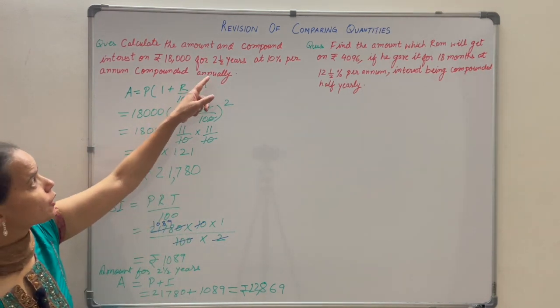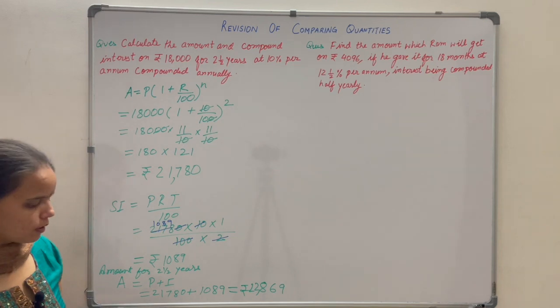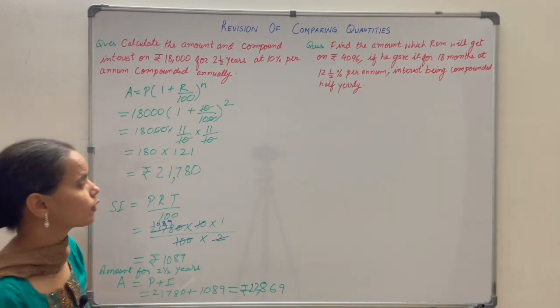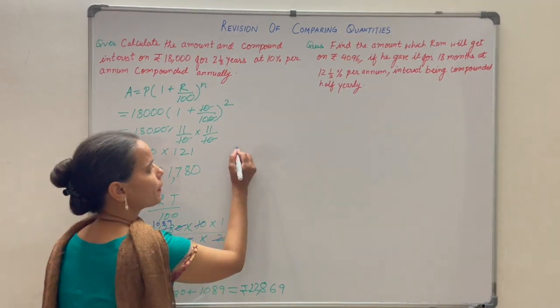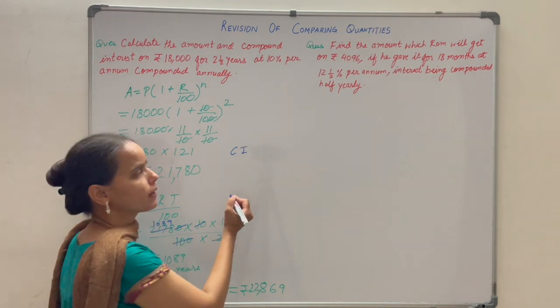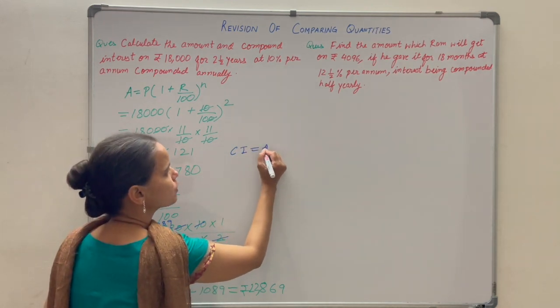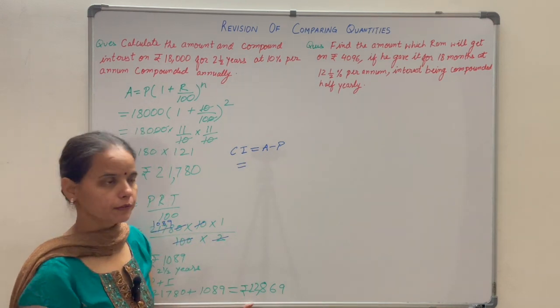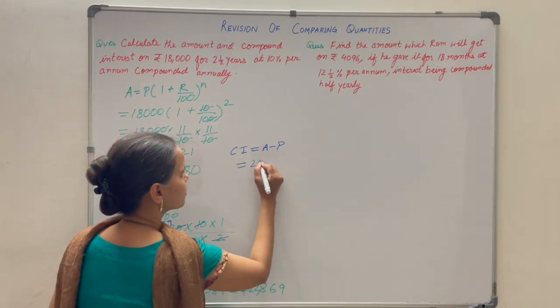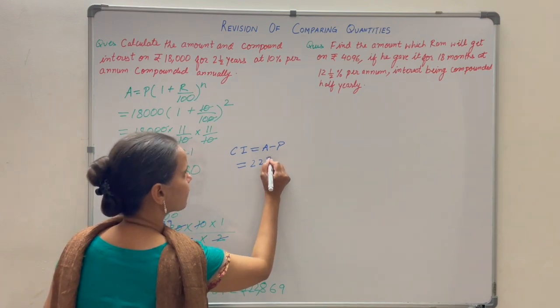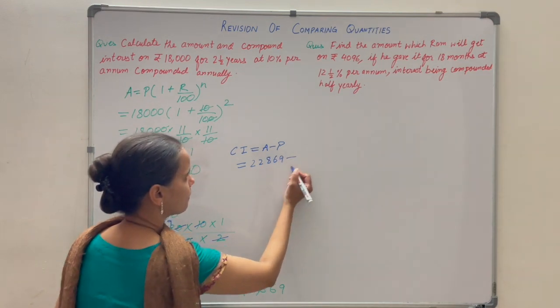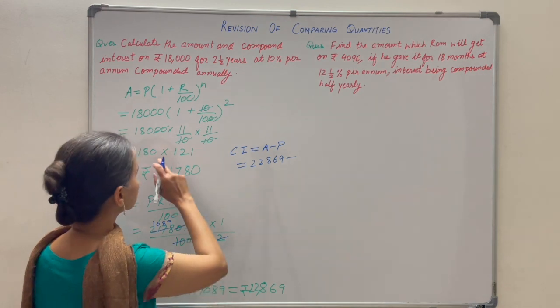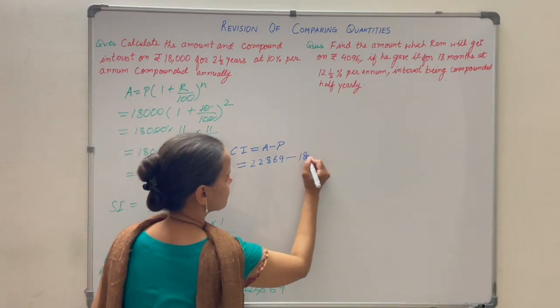You need to calculate the compound interest also on 2.5 years. So let us find out the compound interest. So the compound interest formula is amount minus principal. So how much is the amount for 2.5 years? You calculate it as 22,869 minus your principal here is 18,000.